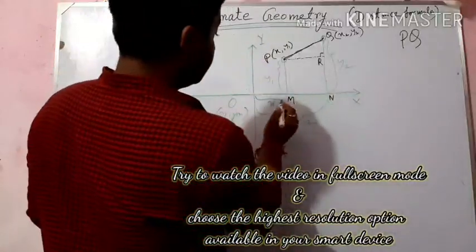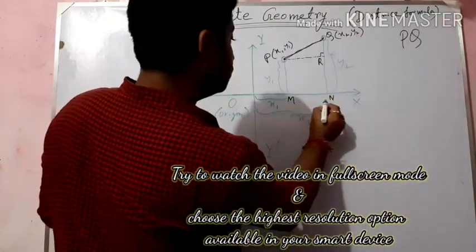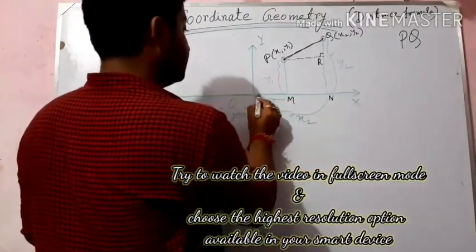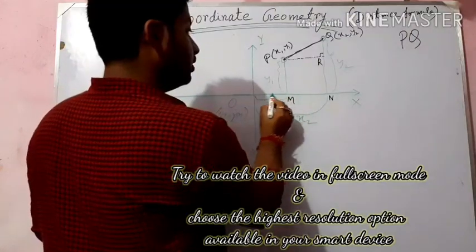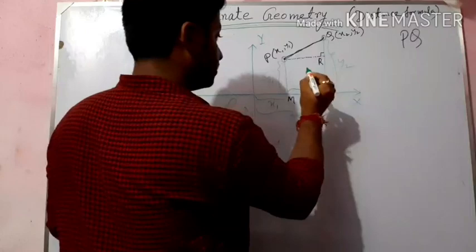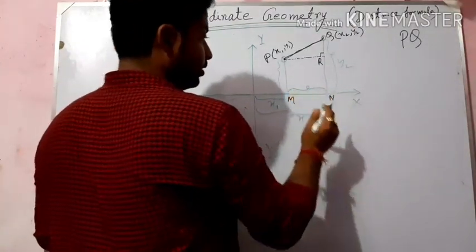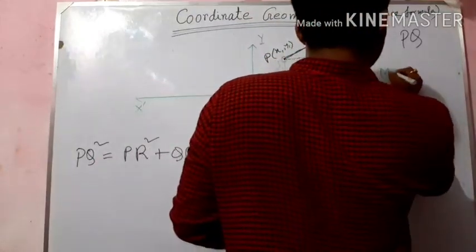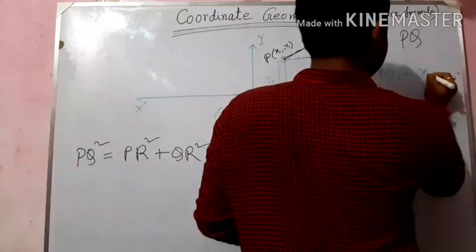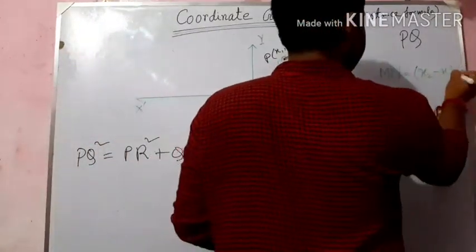Here, see, this total length is x2, right? This total length is x2 and this much length is x1. So what will be the length of this portion, MN? Here MN will be x2 minus x1, right?